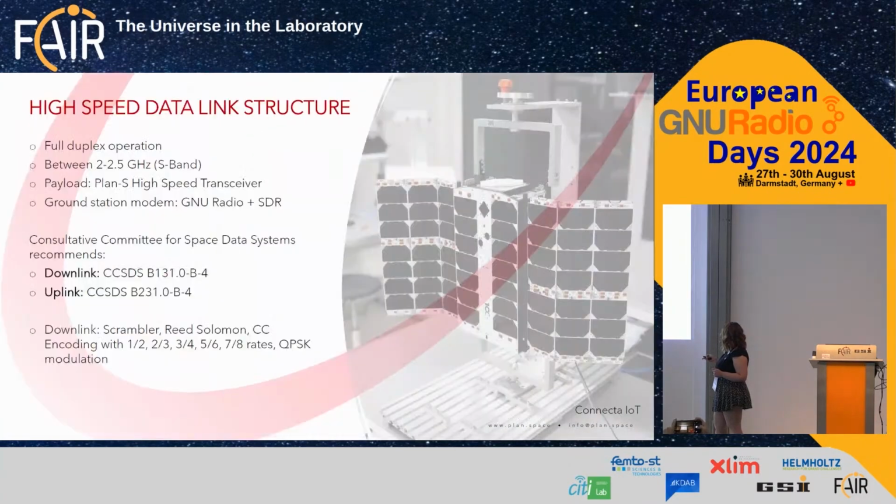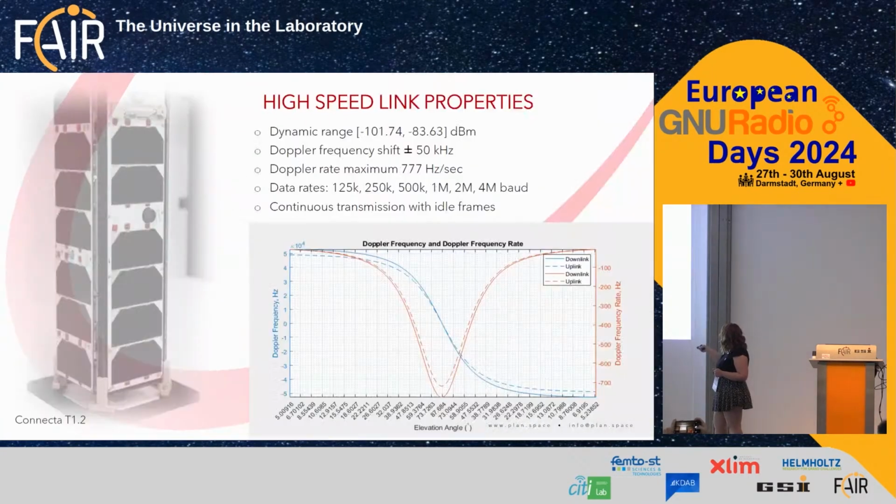So here we have this Doppler frequency graph. I calculate my Doppler frequency using TLE data. But what happens if my TLE data is wrong? Especially during the commissioning phase, it's usually wrong. What happens is that my Doppler curve changes a little bit around this center point, but the Doppler rate changes a lot more.